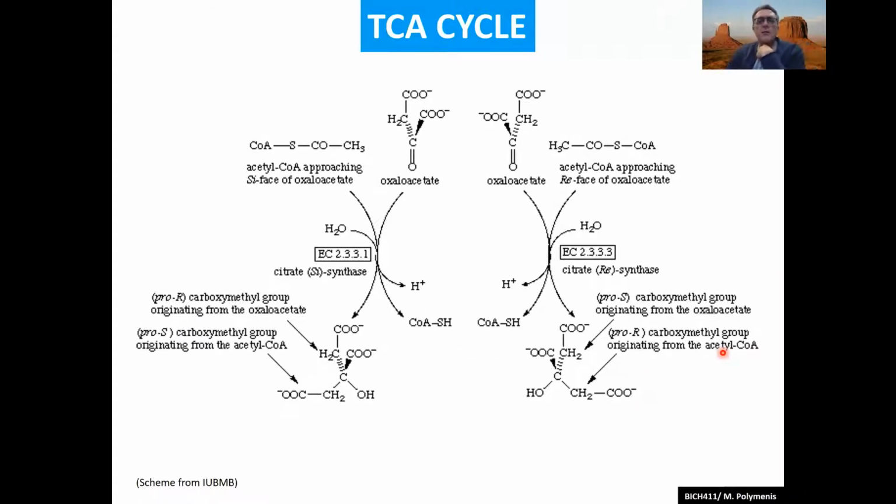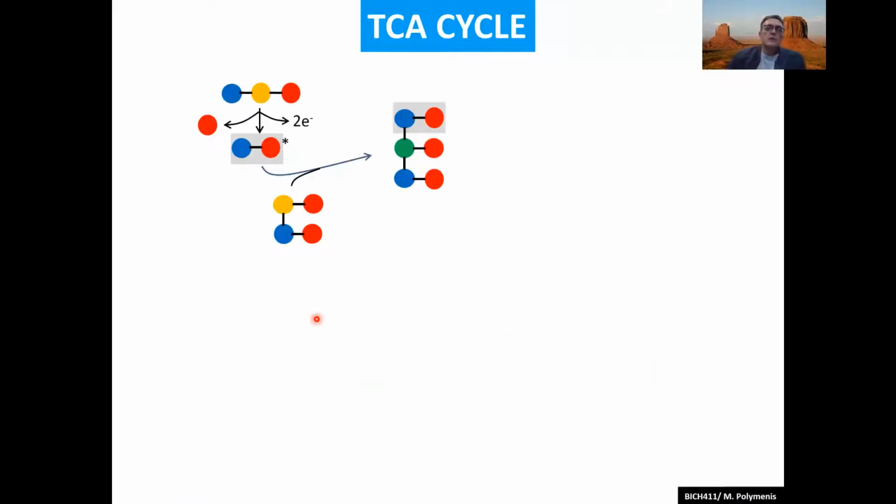Another special thing about this reaction is that it's stereospecific. So that's oxaloacetate, and depending on which face of oxaloacetate the acetyl-CoA is attacking from, you can get either the S form or the R form, and it is this one that is formed by the enzyme usually. All right, so this is what we have now, oxaloacetate plus the acetyl group that was on acetyl-CoA.